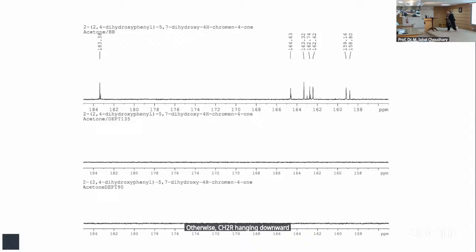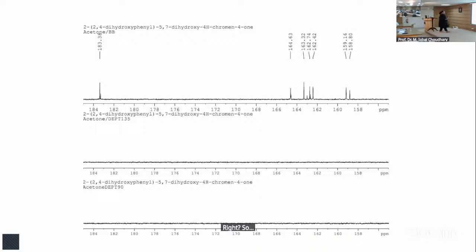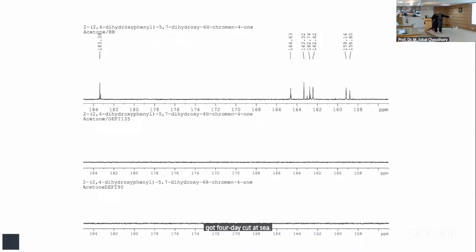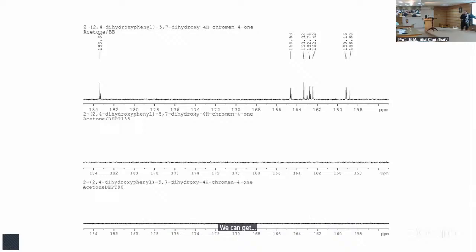Otherwise, all hanging downward are CH2. And if we compare the remaining signals with DEPT 90, then we can get the information of CH3, right? And when we compare these two with broadband, we get the information of quaternary carbon. So the information that we lost earlier, we can get from these two additional NMR experiments.